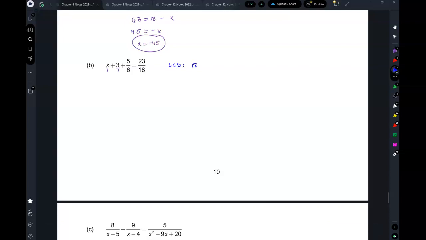So now I'm going to multiply every single thing by 18. Nothing to cancel for the first one. So I got 18x plus 3 times 18. This will be 15.